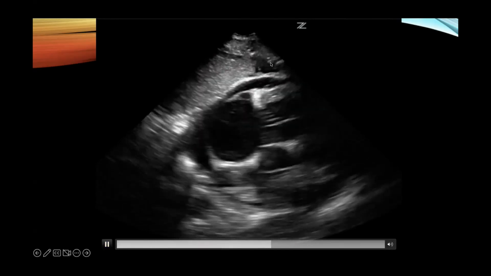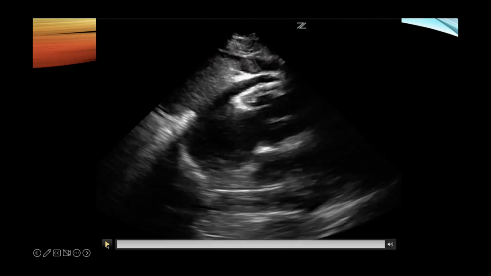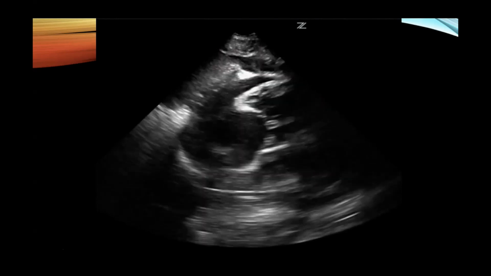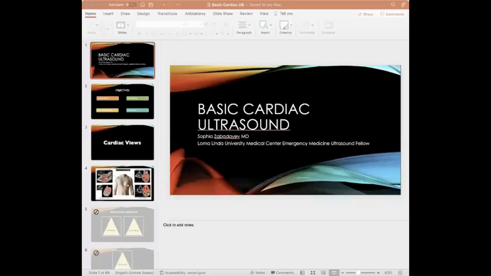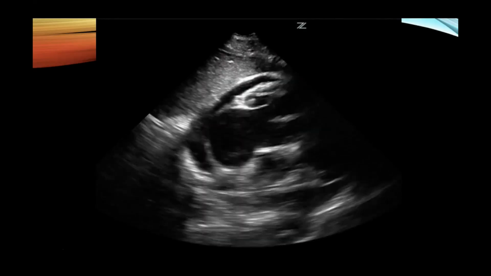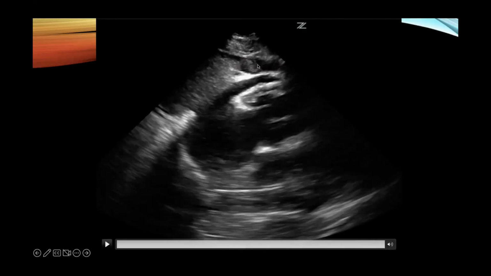So what do you think about that? Initially I assumed that was venous, but is there fluid below the diaphragm down there? Is that what I'm seeing? Definitely some fluid. This fluid is actually in the abdomen.